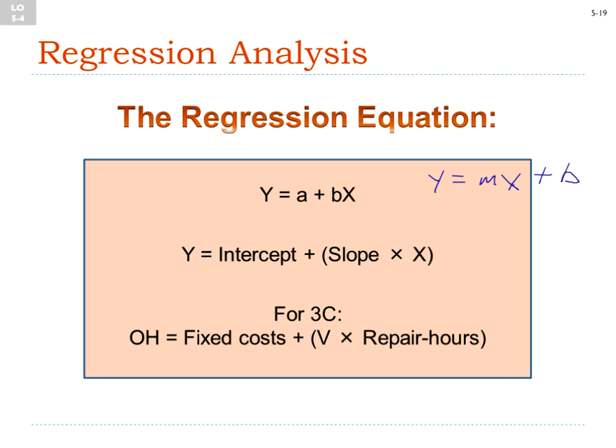So in this case, y equals the y-intercept plus the slope times the number of units. So again, it's the same formula that you learned back in 7th grade, but it uses different variables and it moves things around. So instead of saying mx plus b, you say a plus bx. So this is the equation you use when you're doing regression.